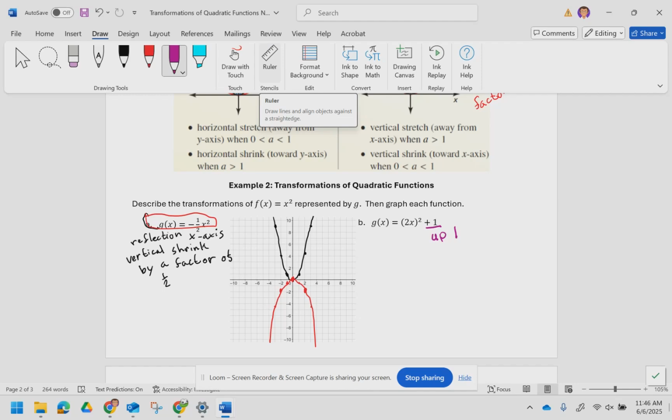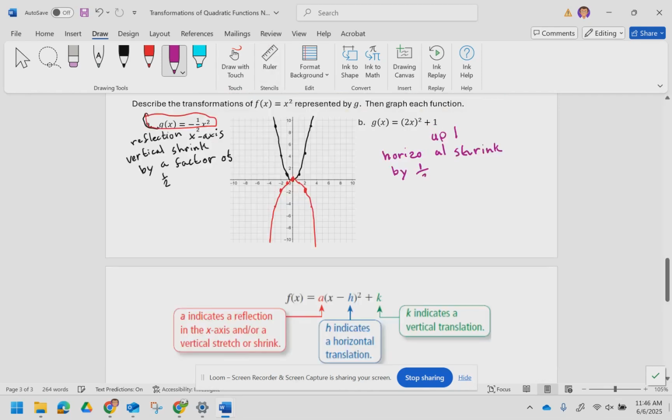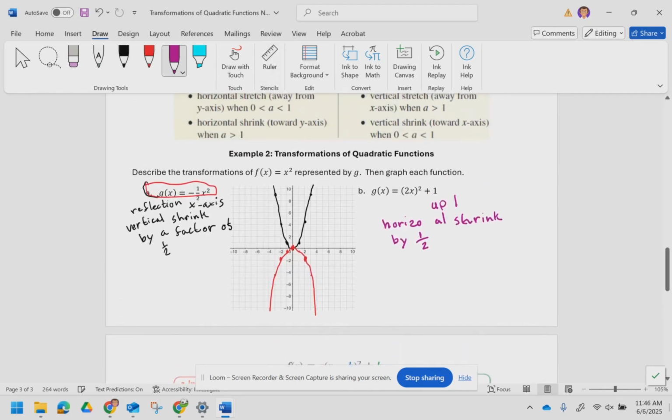Because it's a number bigger than 1, this is going to cause us a horizontal shrink by a factor of, and with the horizontal stretches and shrinks, it happens in terms of 1 over a, so by 1/2. So it's going to shrink inwards by 1/2.